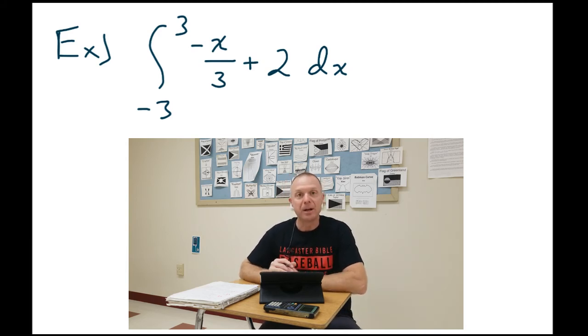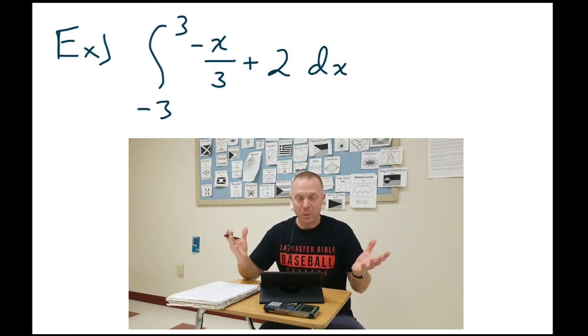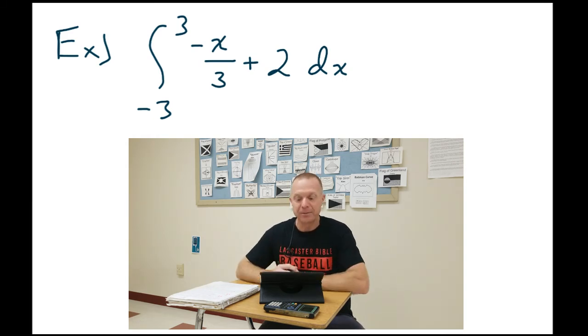And here's where I'm going to be honest with you: this is the next step in your process, for you to actually take a good quality 10 minutes and see if you can find the area of this integral. You're going to have to figure out what in the world the graph looks like. You're going to have to think about where the area is. And then once you see where the area is, you're going to have to do some good thinking to actually find that overall area.